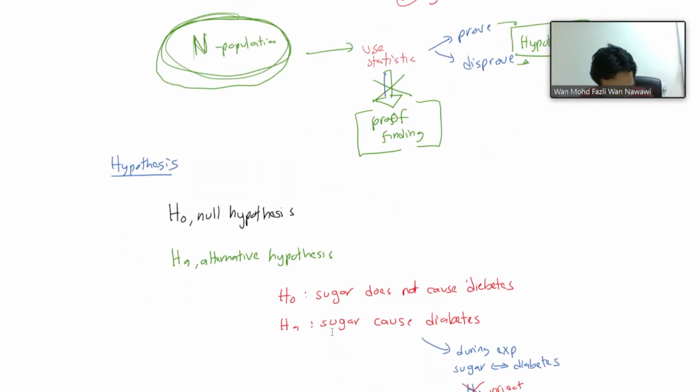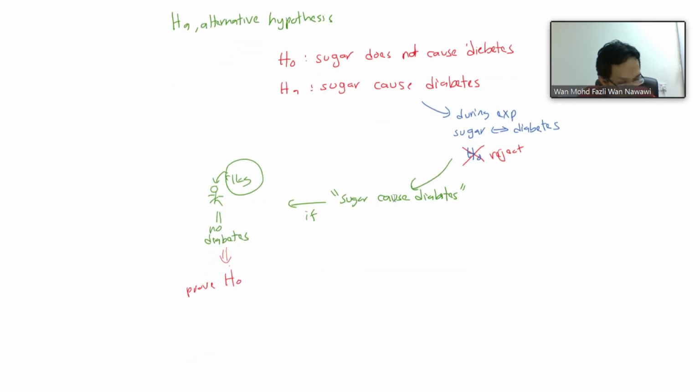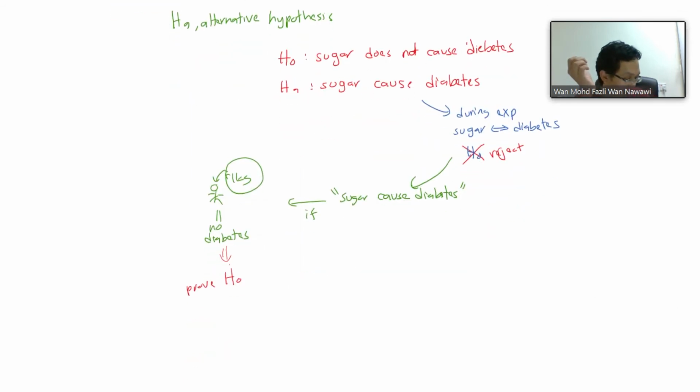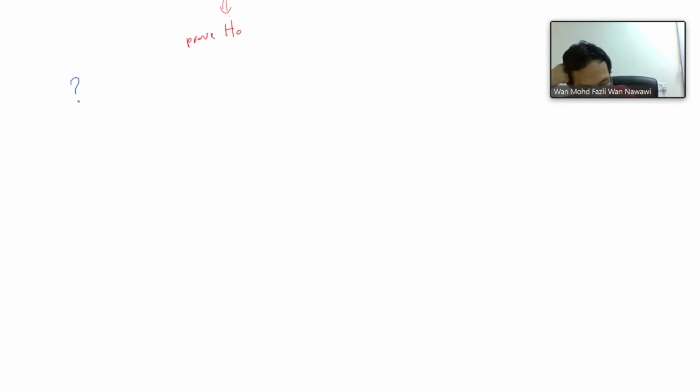Later we will see how this hypothesis relates with the p-value and so on. Now, how do you add objectivity to the DOE? How does DOE add objectivity to your findings? First, they use statistical significance.